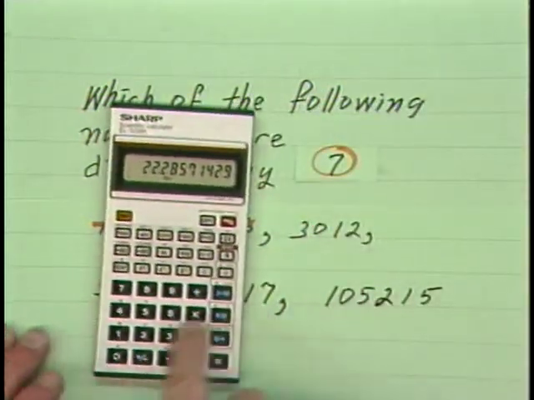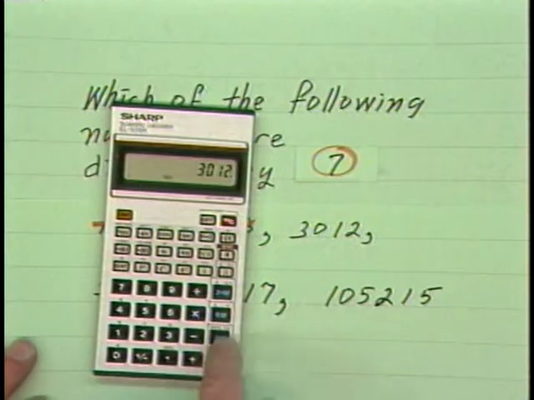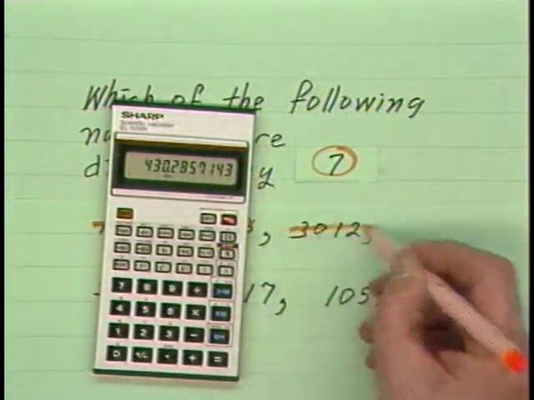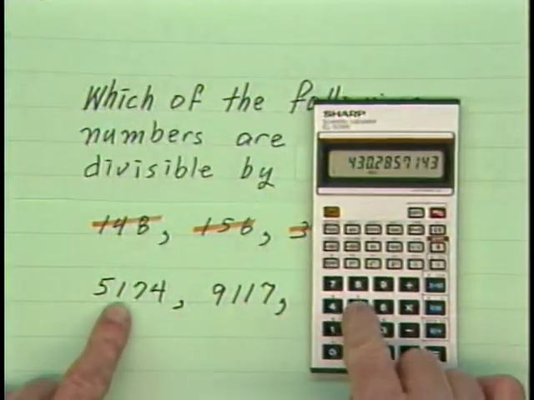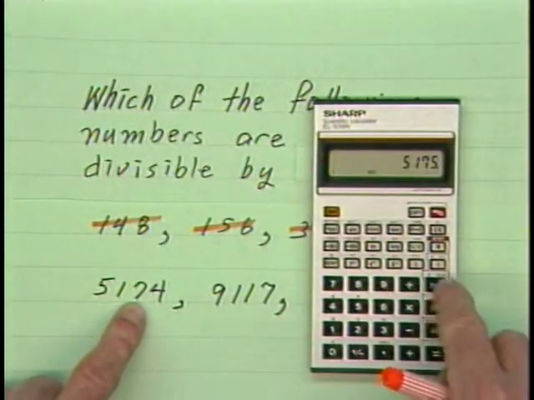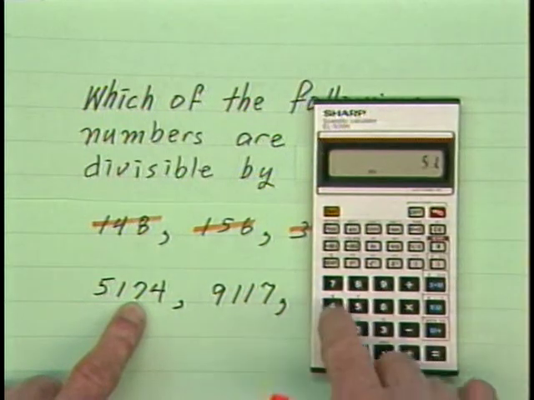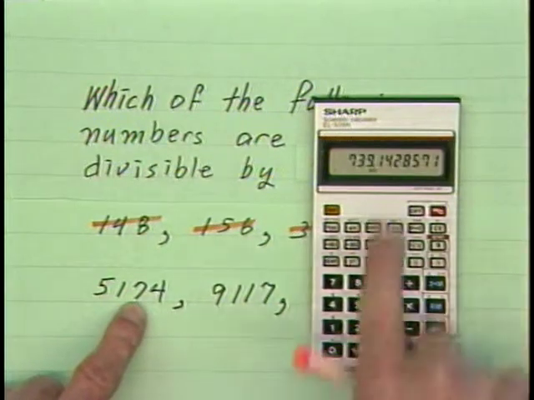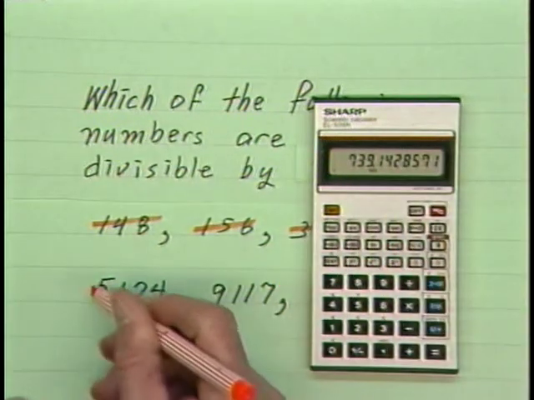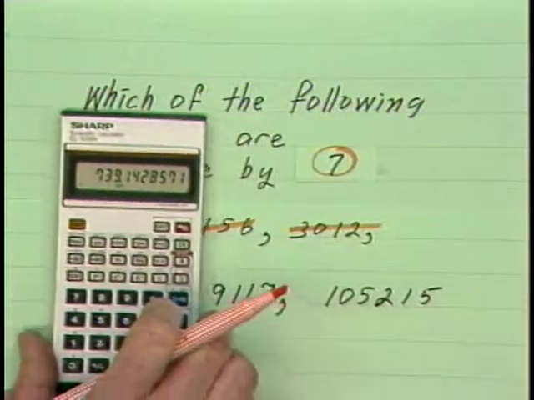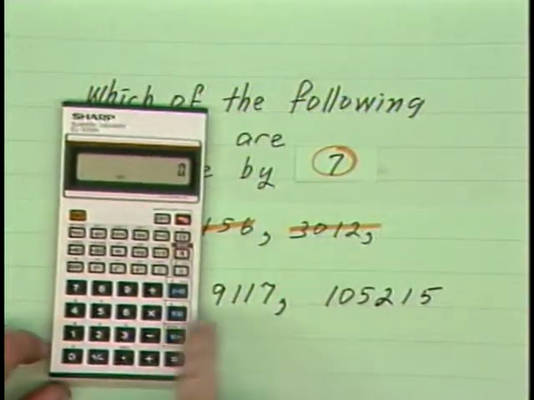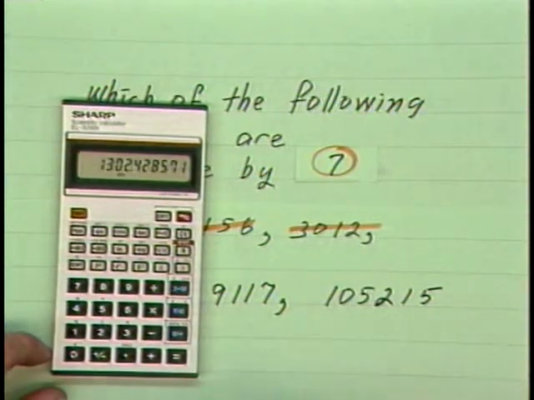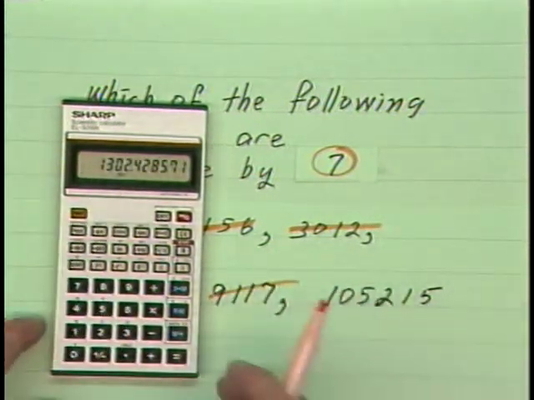The next one, 3012 divide by 7 equals, decimals, that's out. 5174 divide by 7 equals, decimals, that's out. So we're not having much luck with 7s, are we? 9117 divide by 7 equals, decimals, that's out.